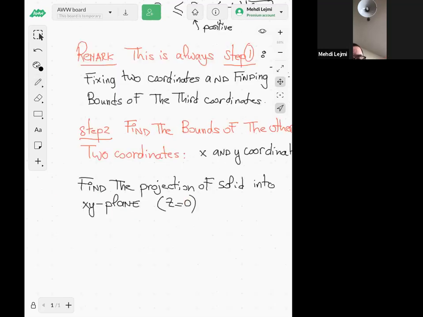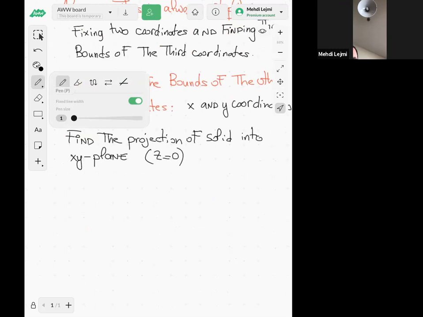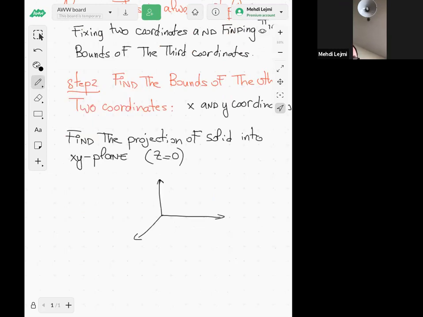Well, let me sketch the solid again very quickly. Here in the bottom we have y equals 3. This is the y-axis, x-axis, z-axis.